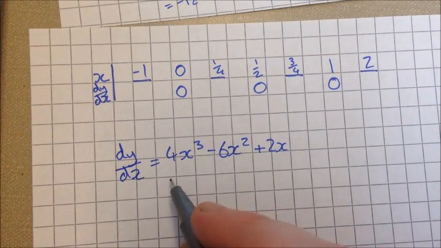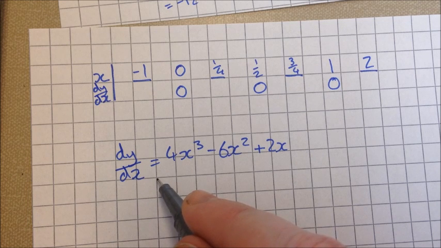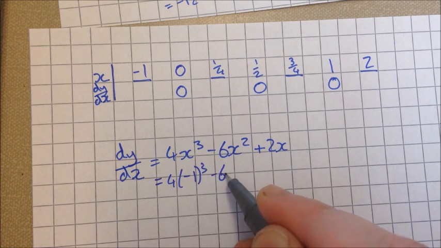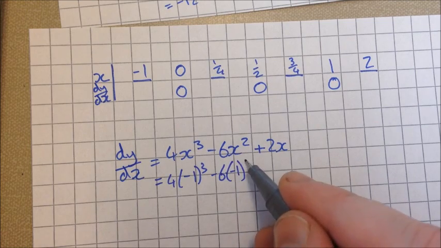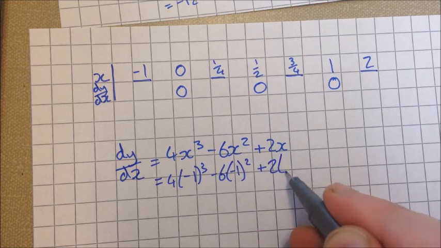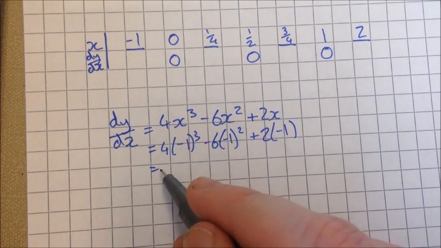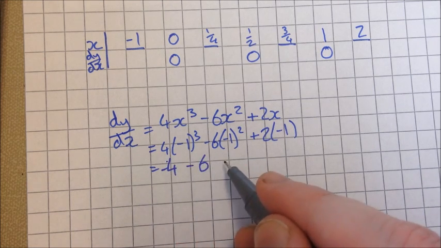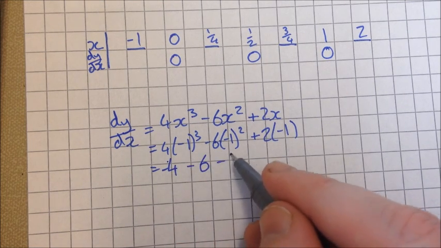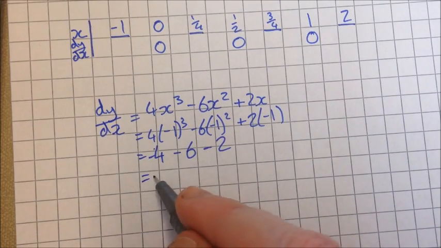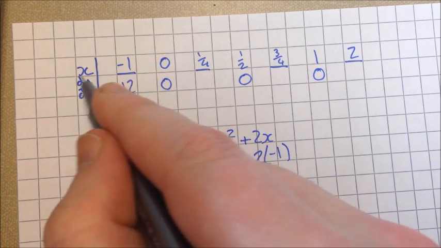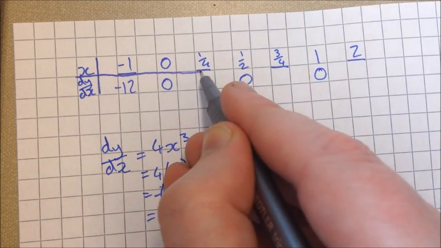So if I plug in -1, that's going to be -12. Let's make this actually look a bit more like a table.